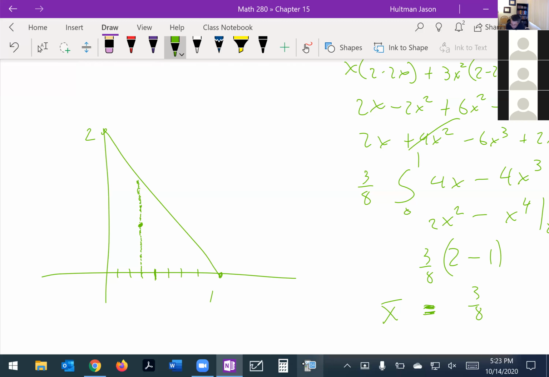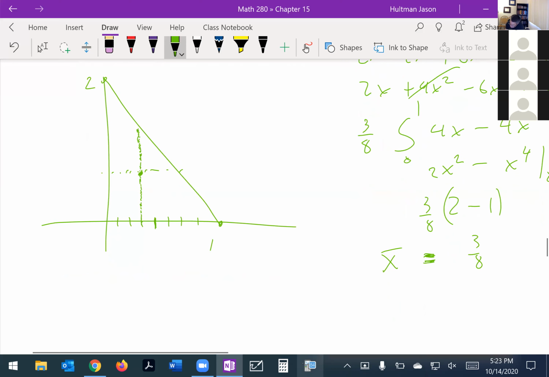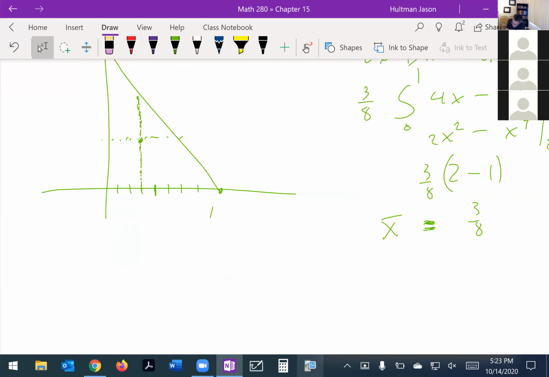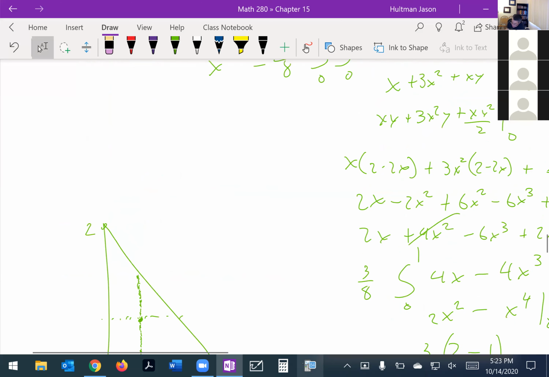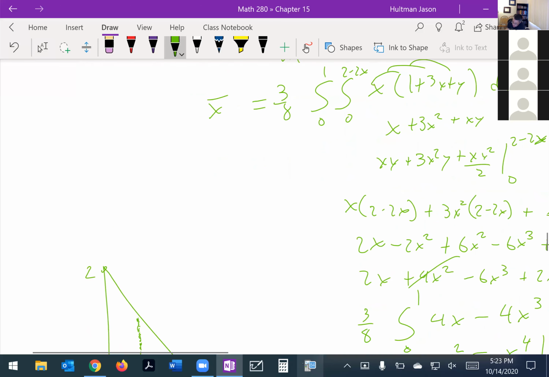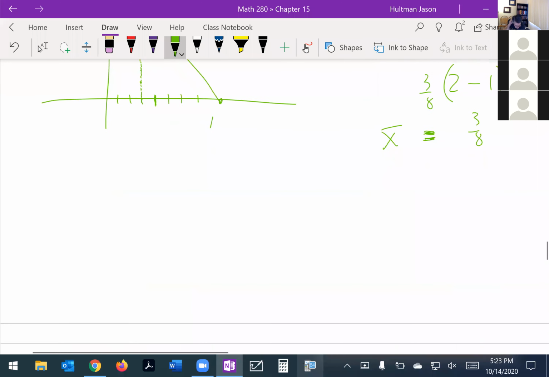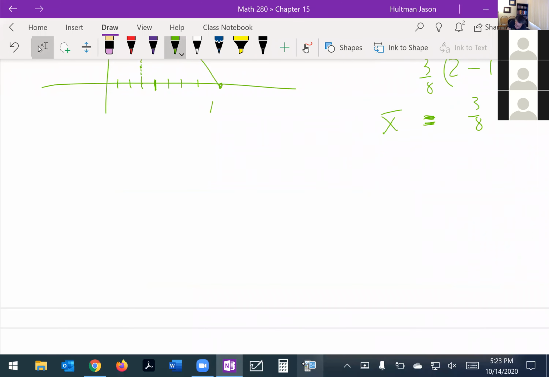Now I just need to figure out where's the y value, where's the y bar, to get the center of mass here. The y bar is going to be the same thing, except we have to do y. So let's do that real quick.